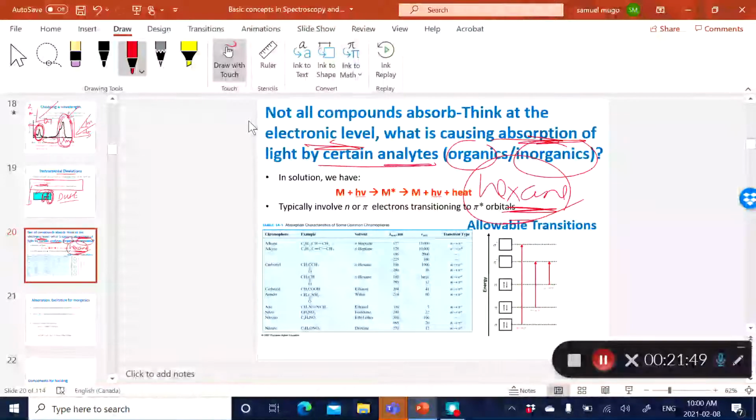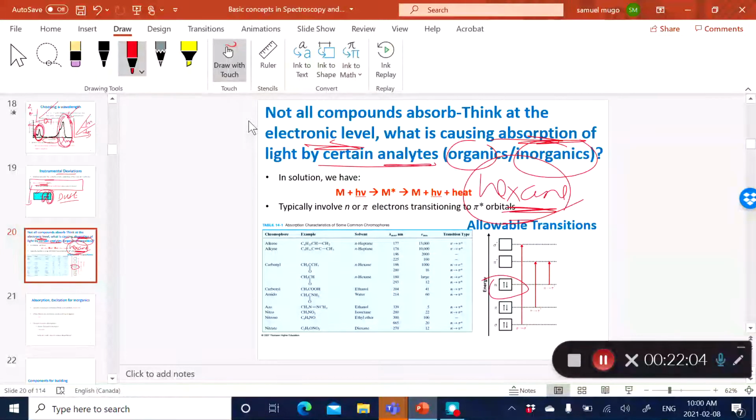Now, if a molecule doesn't have, for example, non-bonding electrons, it means it's likely that the energy gap is larger.